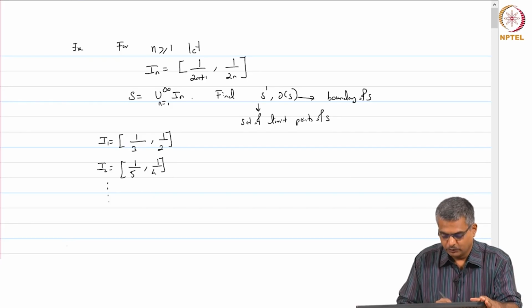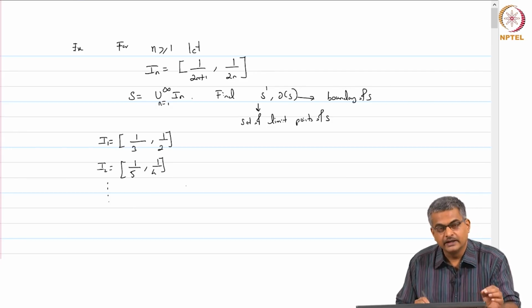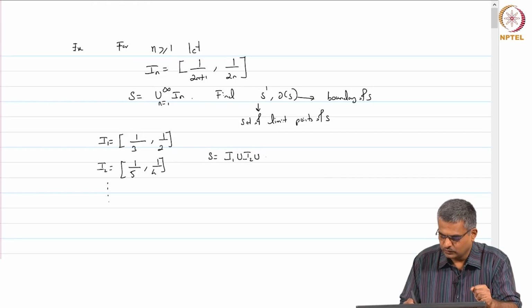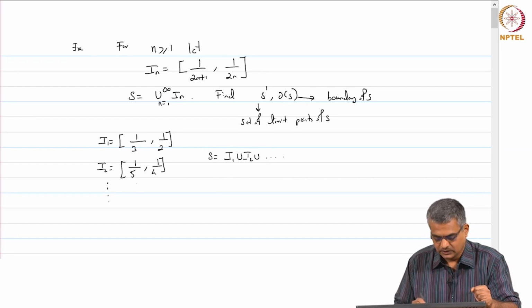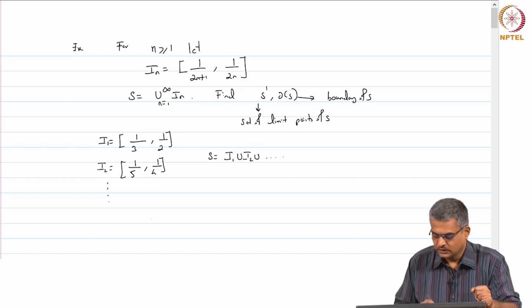Certainly 0 is a limit point, because for every neighborhood around 0, it contains an element belonging to the set S. S is I_1 union I_2 and so on, and as n becomes larger and larger, both the left and right endpoints approach the value 0.